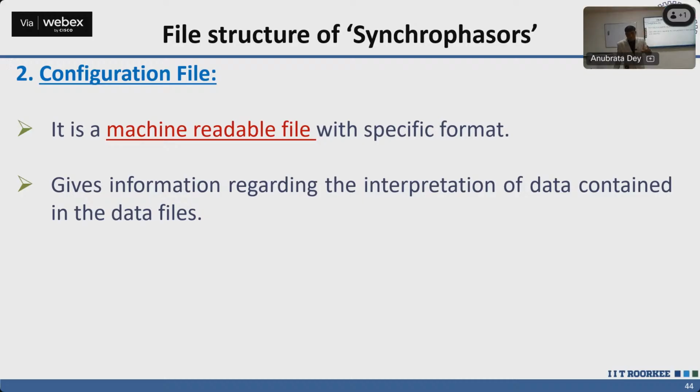What is the first row, second row, third row? Whether you have voltage values VA, VB, VC, whether you have sequence components V0, V1, V2, current phasors IA, IB, IC, or I0, I1, I2, or frequency or rate of change of frequency. All that information is available in this file.